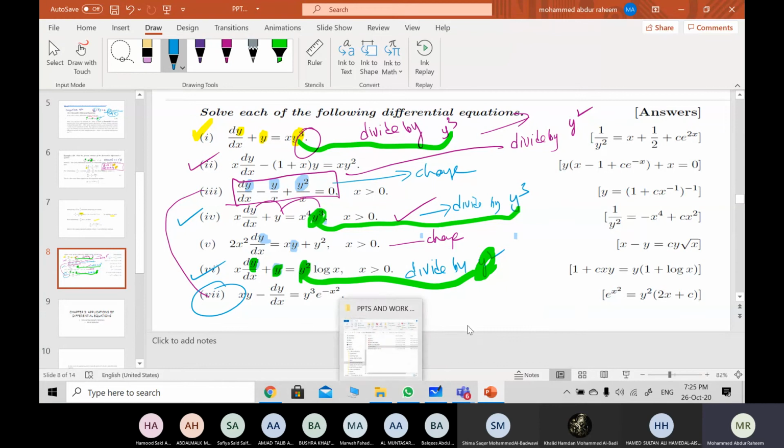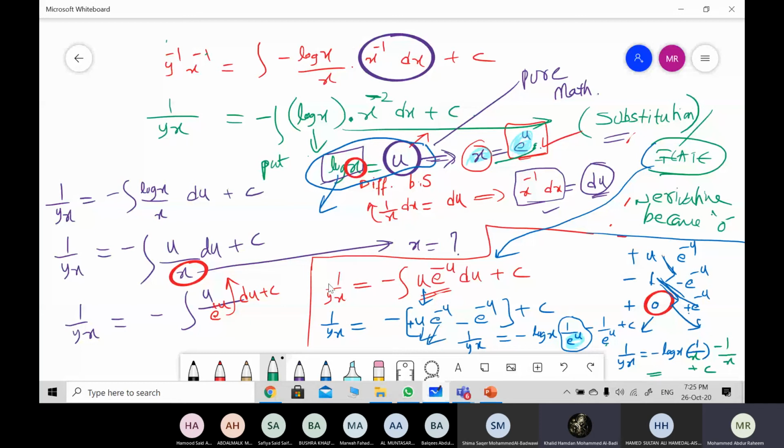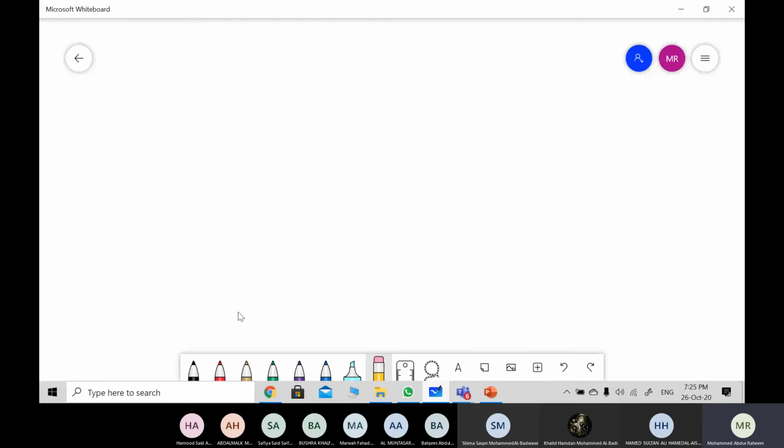Yes. Okay. What is that? xy minus dy over dx equals y cube x power minus x square. The things which we have to understand, I will apply very practically, you see.